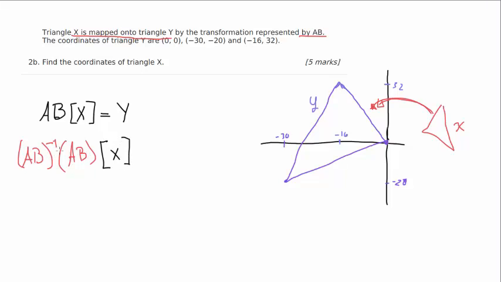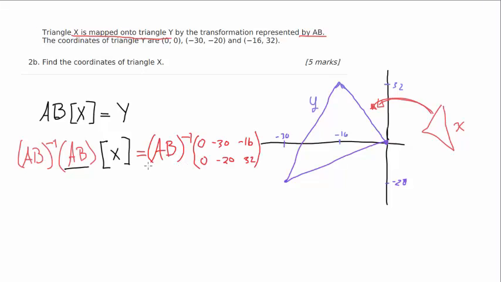And notice I've written the inverse to the left of AB, so when I write it on this side, I want it to be the inverse, and then matrix y. And matrix y, I actually know. It's these coordinates, and the way we write the coordinates is x and y represents 1 point, so x and y, x and y.